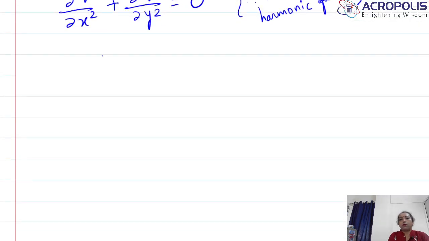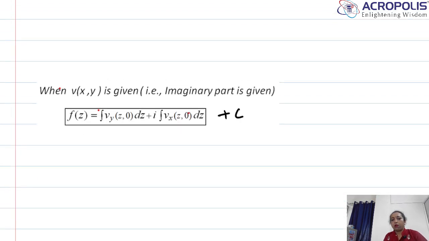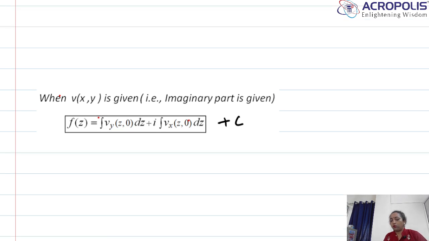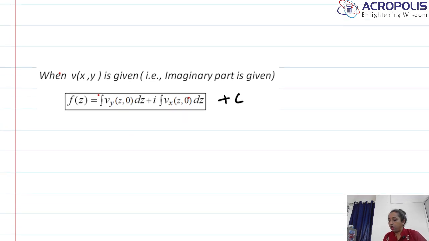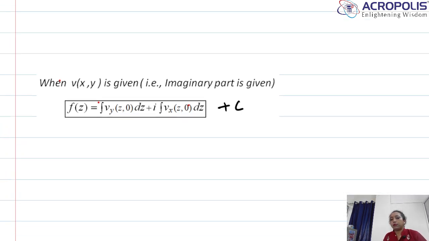So I am writing this formula. f of z is equal to, here is the formula, vy(z, 0) plus i vx(z, 0).